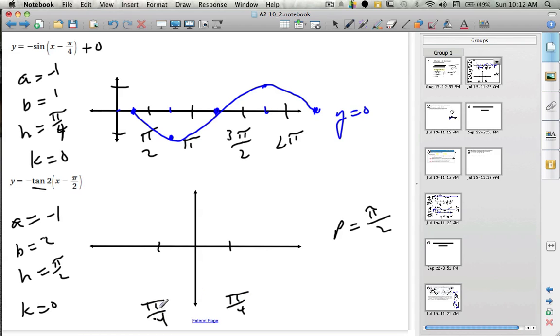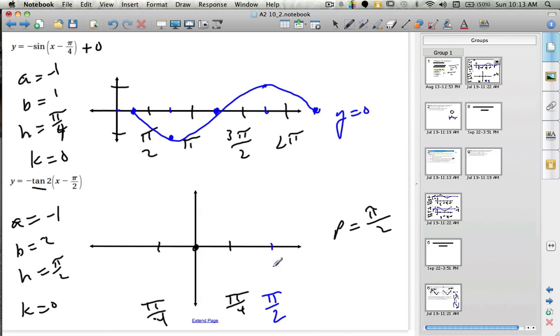Right, and this is complicated. With my h value, I'm going to move pi over 2. So if I'm here, typically, I'm going to have to move all the way over to here, pi over 2. Okay?